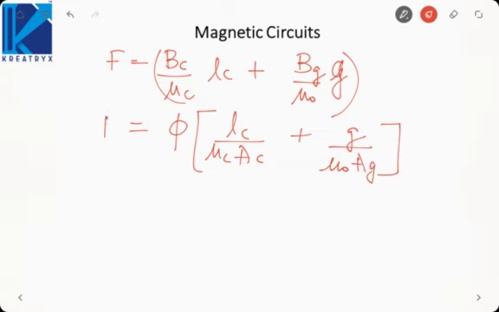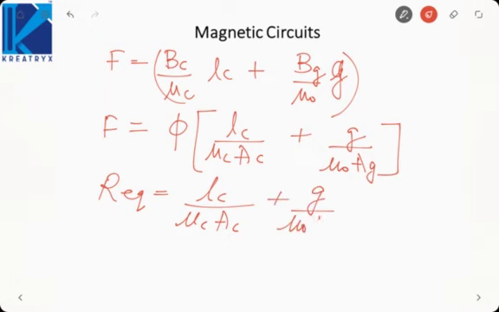This will be my relation between flux and the MMF. So what I can say, R equivalent or equivalent reluctance is Lc by mu c into Ac plus G by mu naught into Ag. This will be reluctance of the core plus reluctance of the air gap.